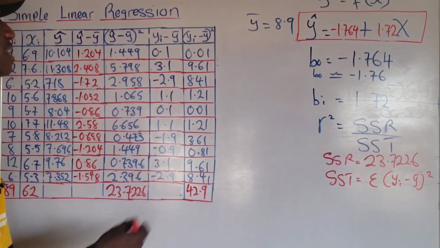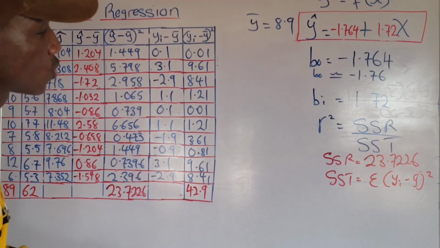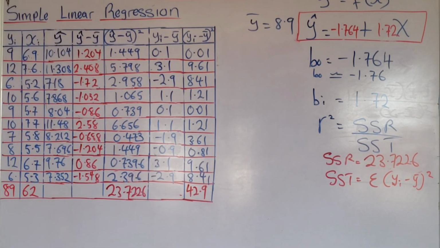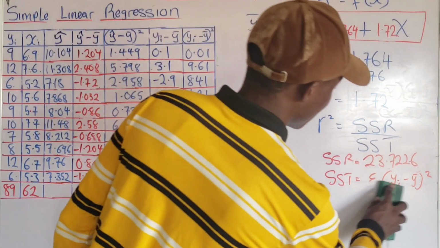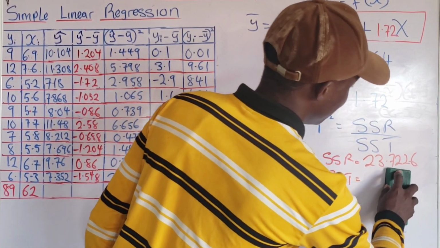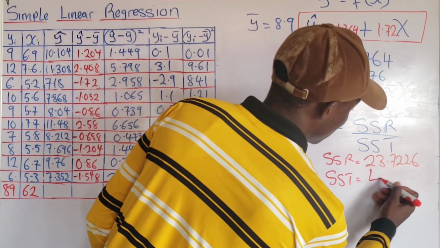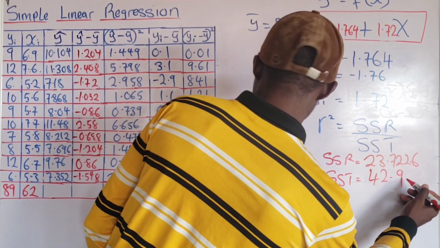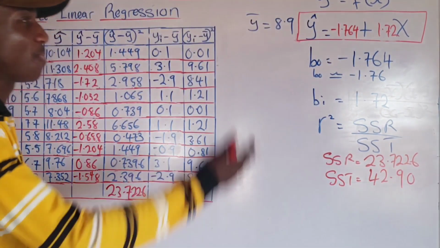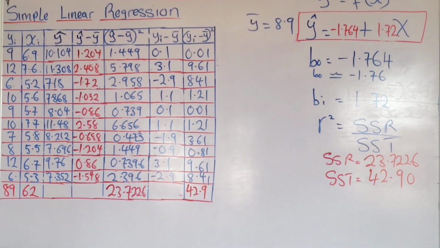So that is the total sum of squares. The SST now is 42.9, so here I'm going to have 42.90.